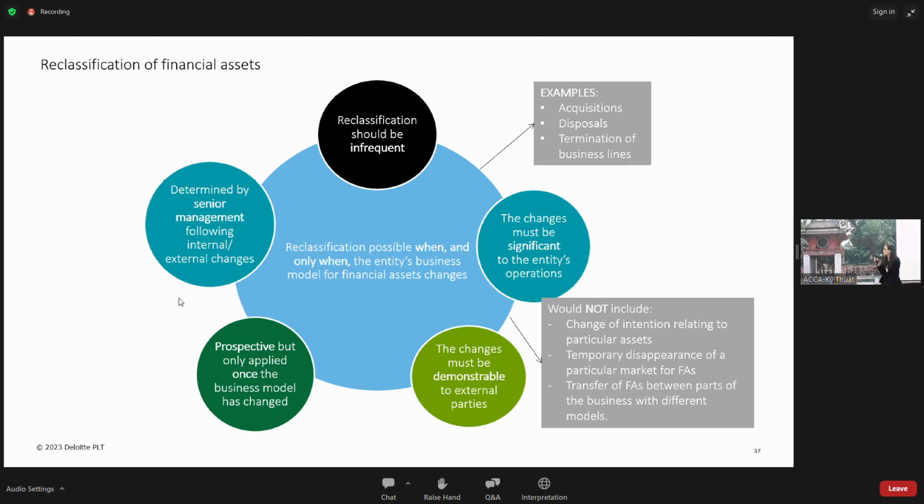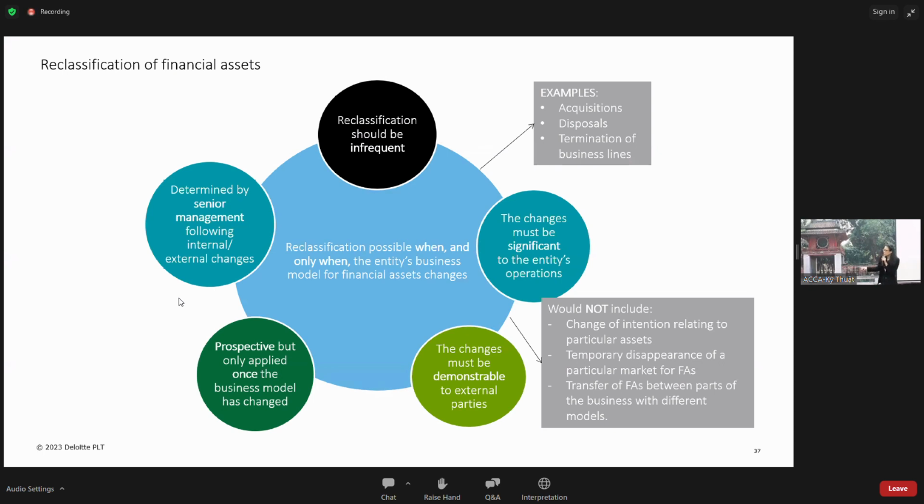Then only do you account for that change accordingly, right? So it is a forward-looking thing, meaning you don't go back and restate, because as you run your operation, it's fluid. So once there's a true change, an actual change, then you account for it.